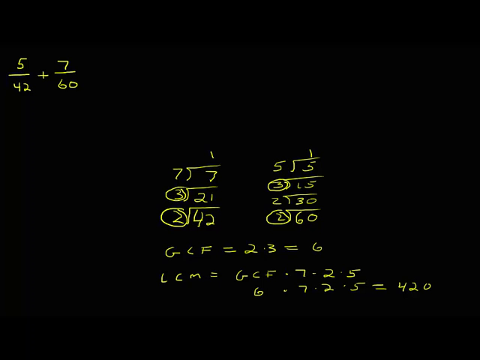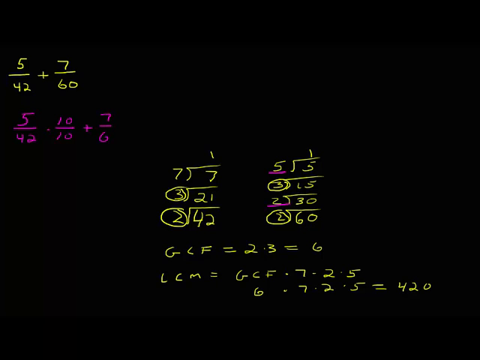Now, how do we use this to add the fractions? Well, 42 has everything that's in its prime factor tree. What it needs are the things that were not circled in the other number. So 42 needs the 5 and the 2. So 5 over 42 times 10 over 10, plus, and then what does the 60 need?